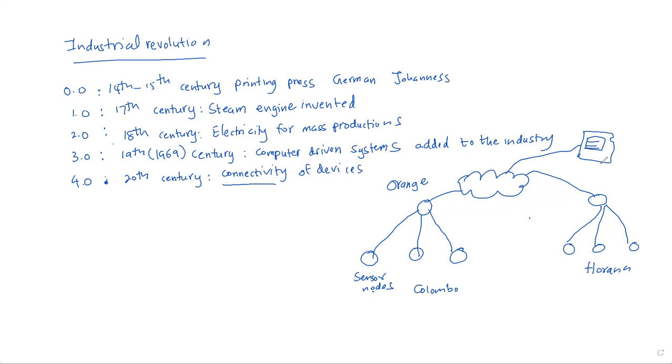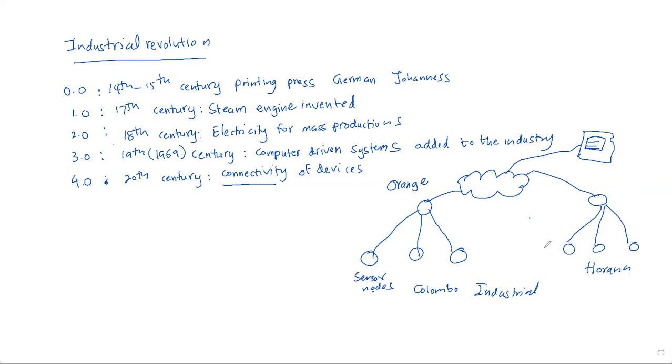So this is what industrial IoT means, right? Like you have a certain factory in a local area, and you have another facility in another local area, and the different facilities in different locations are sending the data to the cloud server, where the data will be stored.